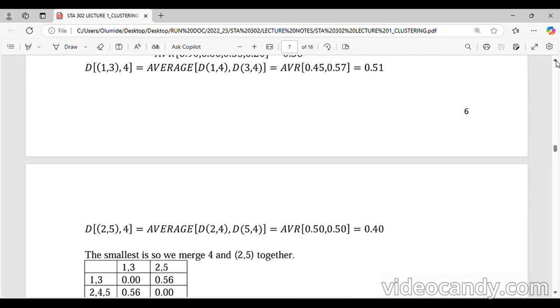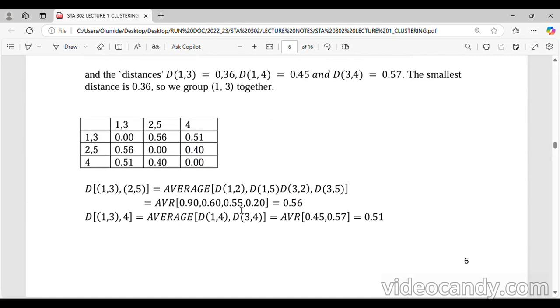If we were to do single linkage instead of average, we would take the minimum distance, just like we took the maximum distance for complete linkage. In the case of 0.90, 0.60, 0.55, 0.20, we look at the minimum, which is 0.2, and that is what we write down.